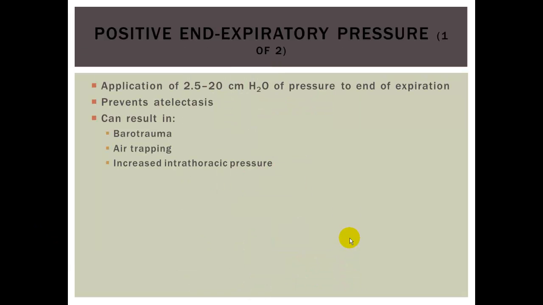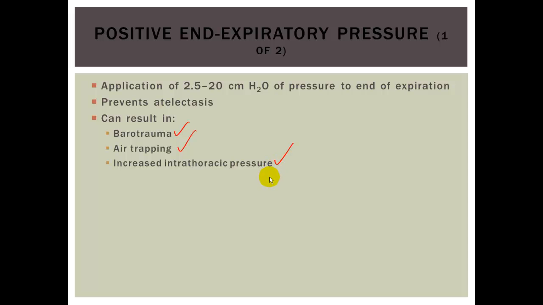Positive end expiratory pressure, or PEEP. Application of 2.5 to 20 centimeters of water pressure at the end of expiration. And this pretty much prevents atelectasis, or stiff lung tissue, or collapsing of the alveolar sacs. However, by applying this expiratory pressure at the end of their ventilation, it can cause barotrauma because we can do air stacking or air trapping, and it can increase intrathoracic pressure.